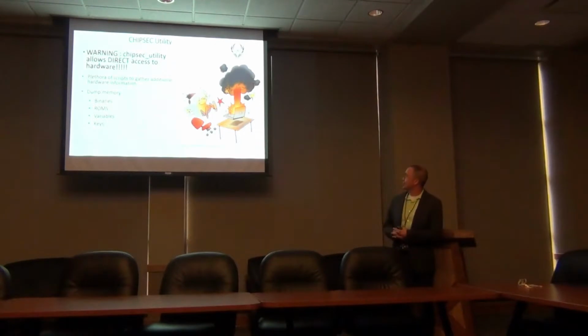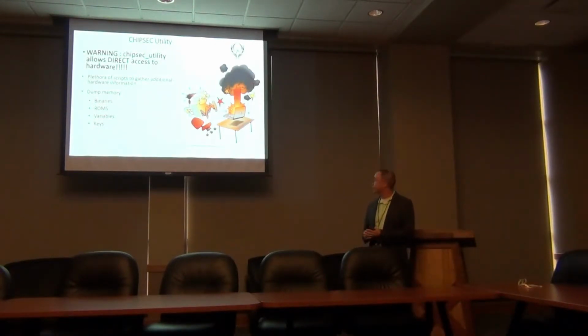So next is the CHIPSEC Utility. The CHIPSEC Utility is a lot of fun. You can do a lot of really neat things with it, but it is very dangerous, primarily because it gives you direct access to the hardware, not just read access. So you can go in and modify things, and obviously you don't want to modify things that you're not 100% sure what they do, or you may end up with a really big paperweight.